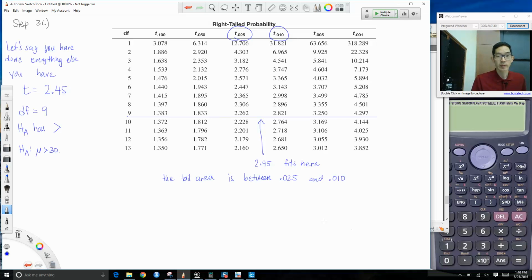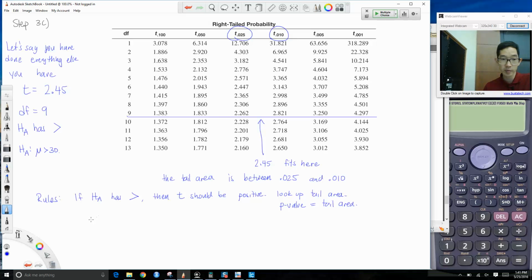Okay? All right, and so here are the rules. If the alternative has a greater than sign, then your test statistic t should be positive. Okay? You would look up the tail area, which is the column headings, and then your p-value is equal to the tail area.